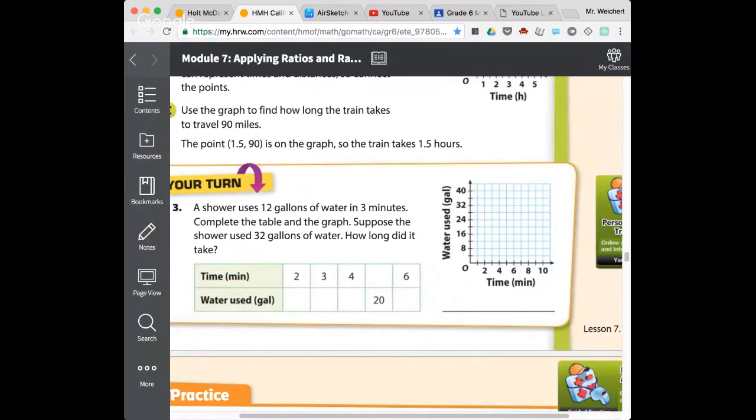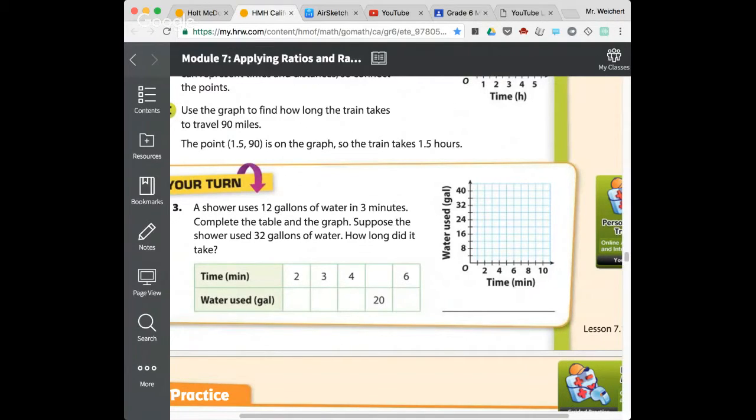Shower uses 12 gallons of water in 3 minutes. Complete the table and the graph. Suppose the shower used 32 gallons of water. How long did it take? Oh, so given this table, if we were to make this table, let me try to do that real quick, guys.